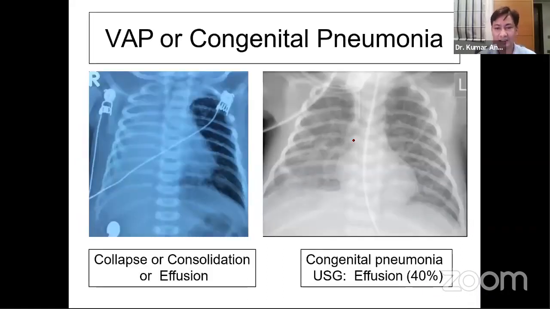So if the X-ray looks the same, but the ultrasound chest is showing effusion, the chances of congenital pneumonia would be high as compared to HMD, because they would present the same, but both of them would require surfactant and sometimes antibiotics in cases of congenital pneumonia. So if you have any confusion versus pneumonia, you should go for ultrasound chest to look for effusion.